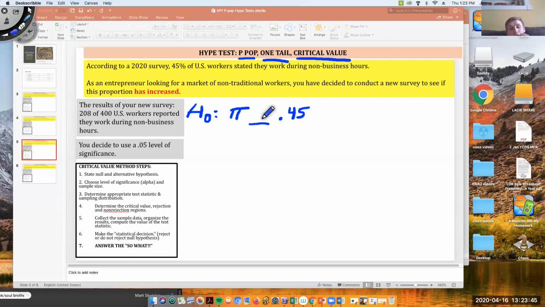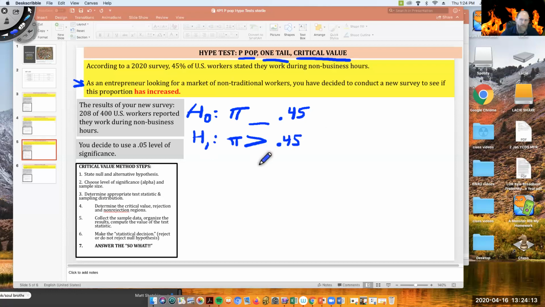Oh, is it greater than or equal to? So when we think about this, this would be greater than. That is what our alternative hypothesis is going to look like.